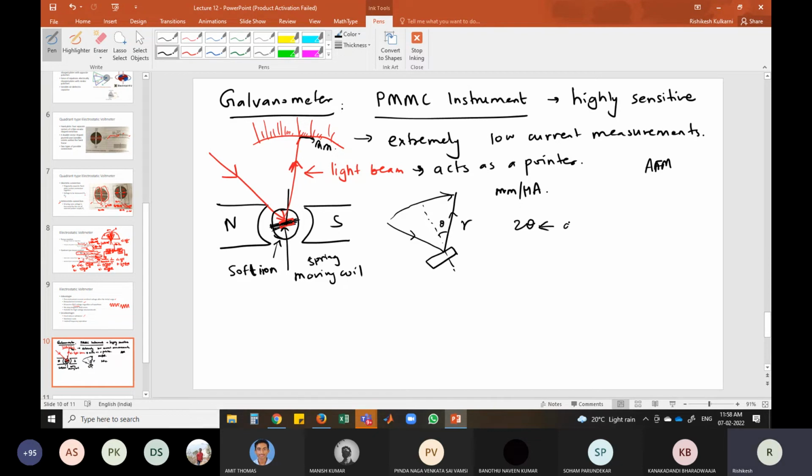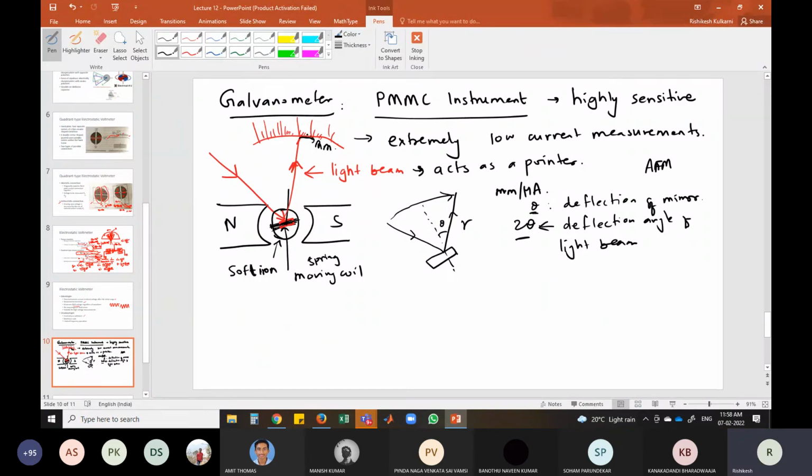So 2 theta is the deflection angle of the light beam, and theta is the deflection of the mirror, which is nothing but the deflection caused by the deflecting torque, isn't it? So you should be careful that when you are applying the formulation of PMMC, we use this theta, right? But what you actually measure is 2 theta.